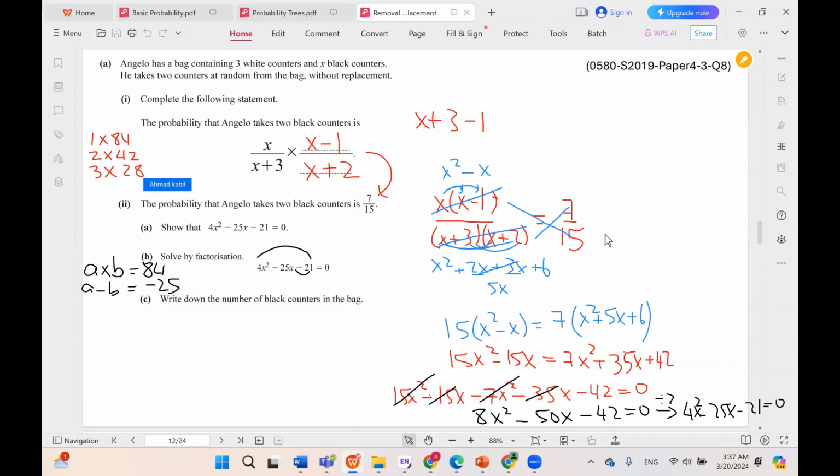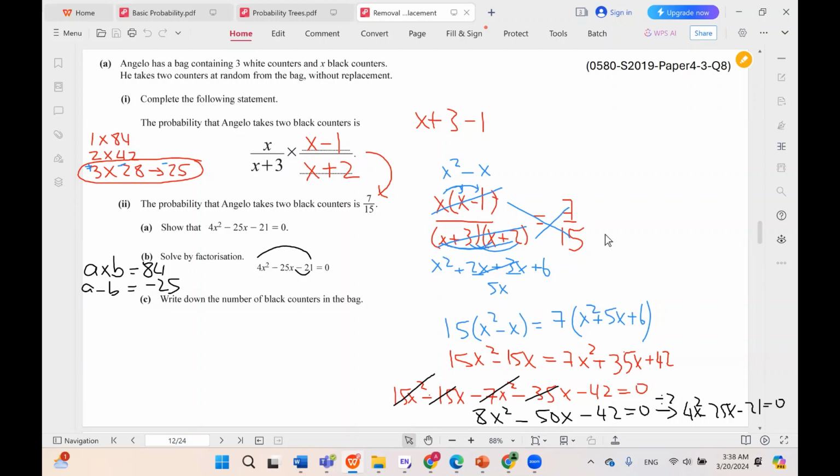And the difference between 3 and 28 is 25. So this is the pair that we are looking for. Since it's negative 25, we want positive 3 and negative 28. So the two numbers are positive 3 and negative 28.